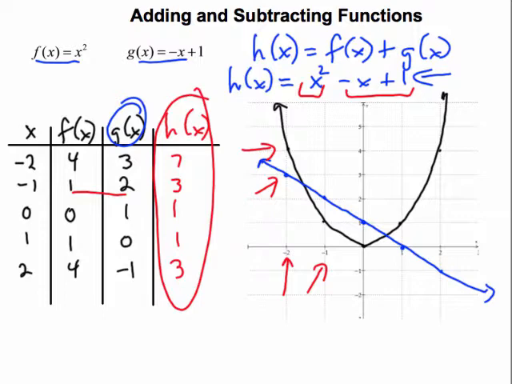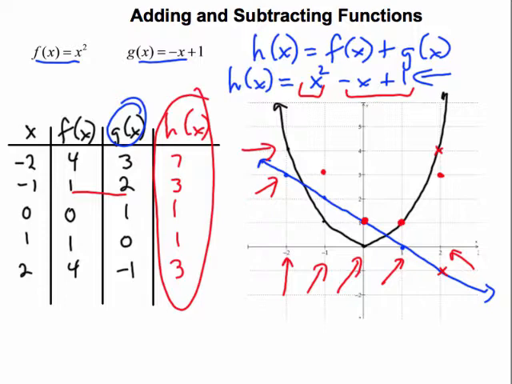A y value of 1 plus a y value of 2 will be a y value of 3. At x equals 0, y value of 0 plus a y value of 1 is a y value of 1. And same thing at x equals 1. Our new y value will be 1. So at x equals 2, we have a y value of -1 plus a y value of 4 to be a new y value of 3.